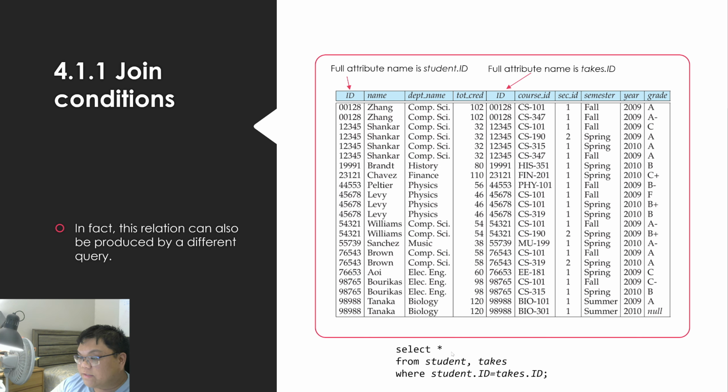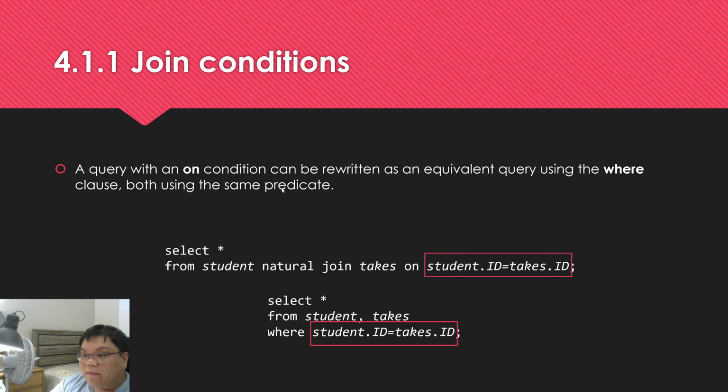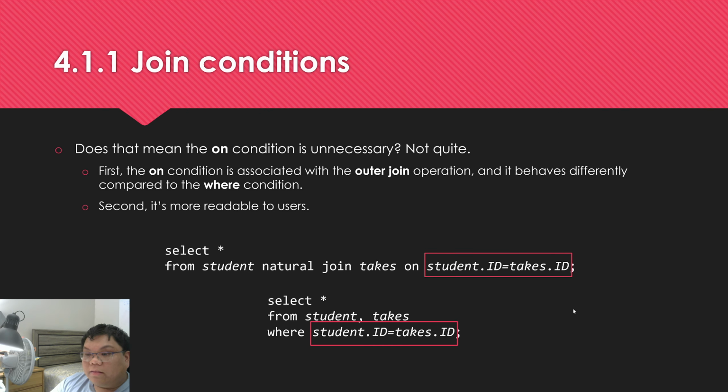It's this one: select star from student, takes where student.id equals takes.id. A query with an on condition can be written as an equivalent query using the where clause with the same predicate. So these two queries are the same.